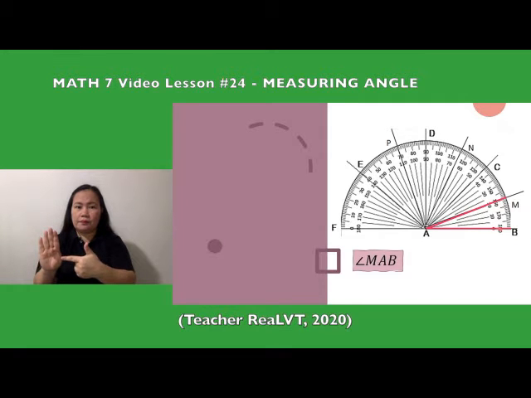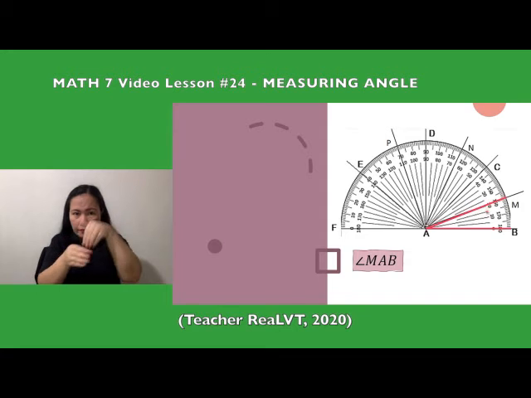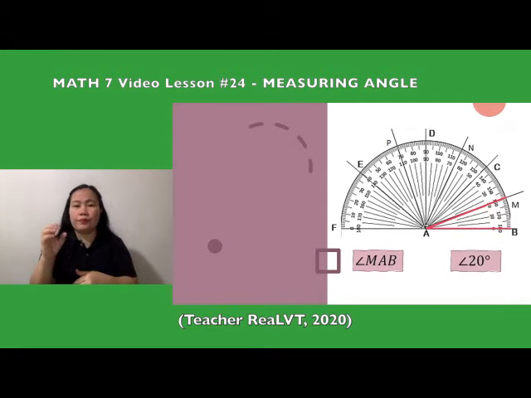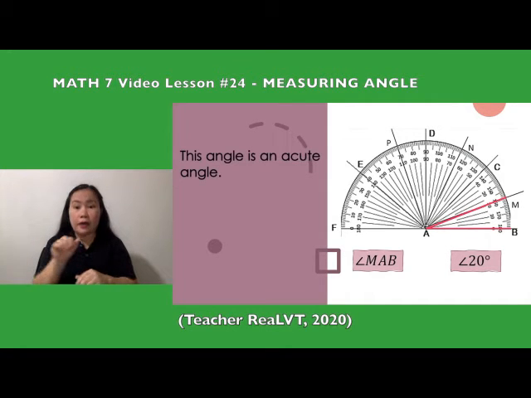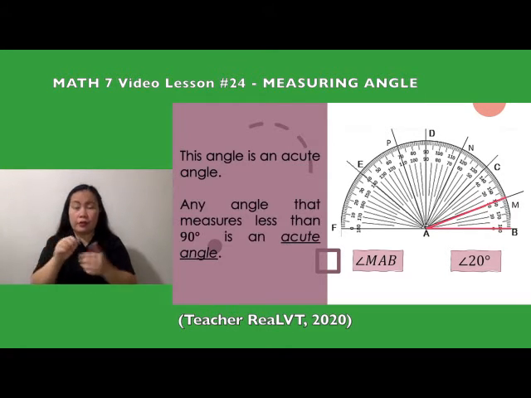Okay, since the measure of angle MAB lies on the inner scale, which is 20, therefore angle MAB has the measure of 20 degrees. This angle is an acute angle. Any angle that measures less than 90 degrees is an acute angle.